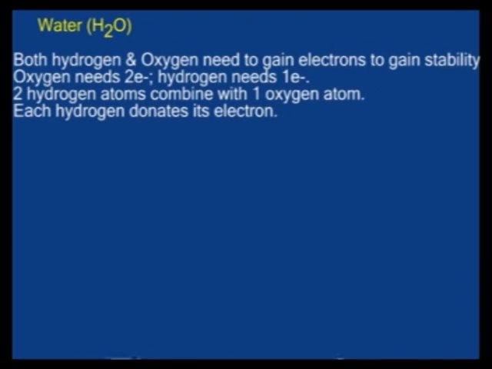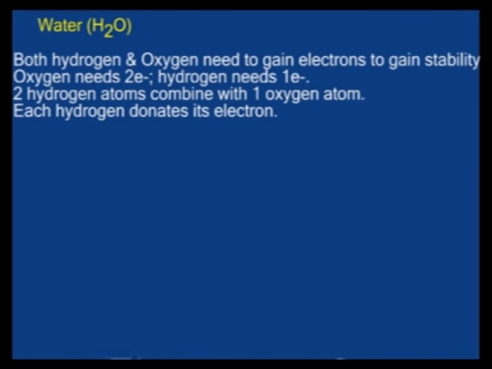Let's see water, and water constitutes hydrogen and oxygen. Both hydrogen and oxygen need to gain electrons to be stable, so none of them desires to lose. However, oxygen needs 2 electrons while hydrogen needs 1.